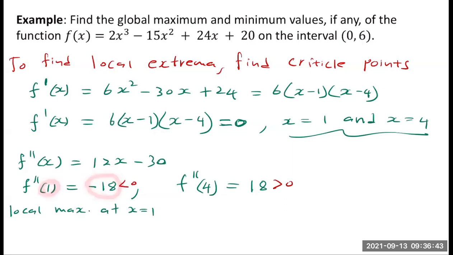Here you have a local minimum because your f double prime is positive at x is equal to 4. Local minimum at x is equal to 4.